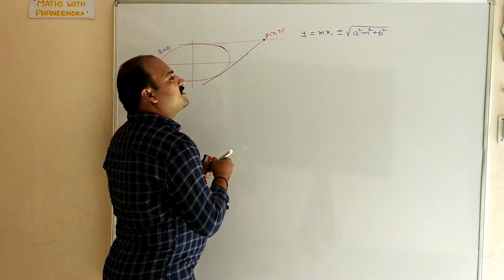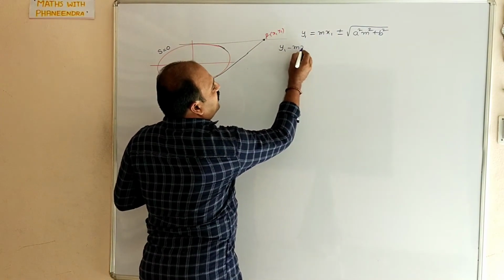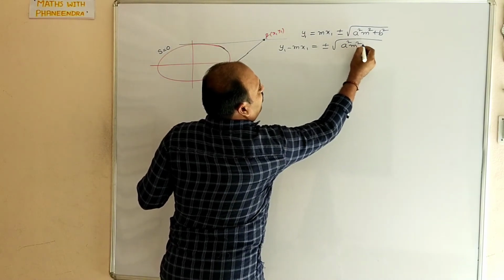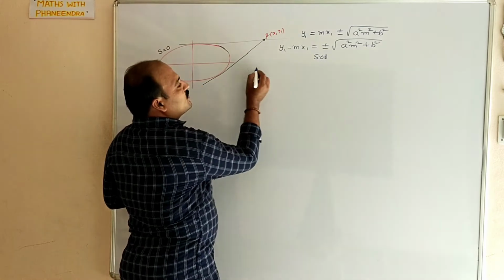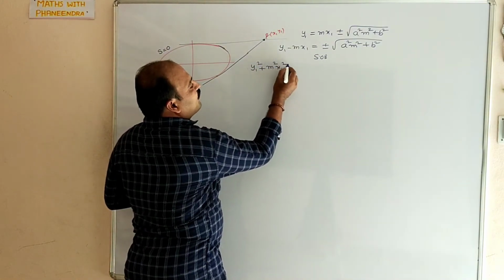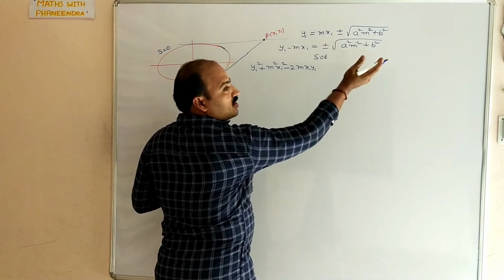mx1 we take to this side. So y1 minus mx1 is equal to plus or minus root of a square m square plus b square. Squaring on both sides, using the expansion of (a minus b) whole square: y1 square plus m square x1 square minus 2 m x1 y1, and these other values also I am taking to this side.